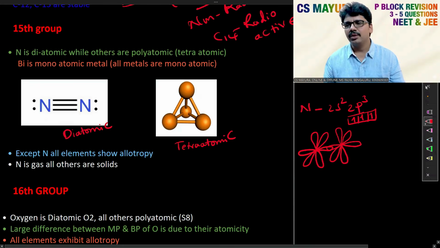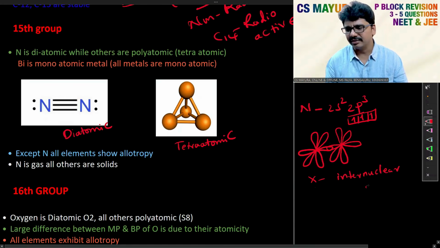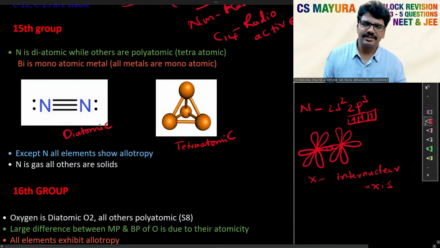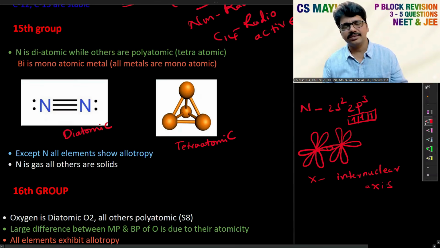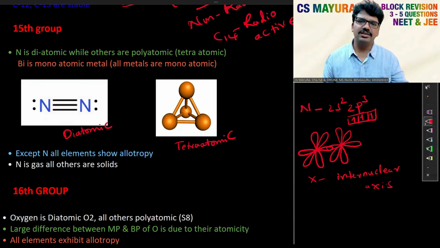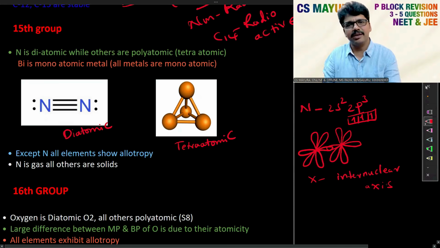Here we have one important fundamental point. Assume the x-axis as the internuclear axis. X is our internuclear axis, which means px gives a sigma bond, and py involves in sidewise overlapping and gives a pi bond. pz involves in sidewise overlapping and gives a pi bond.